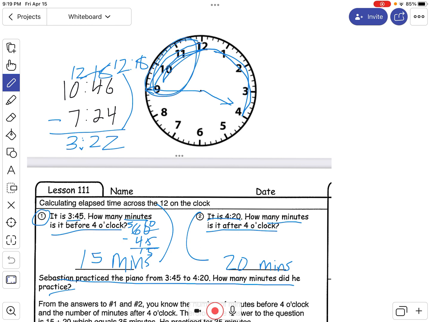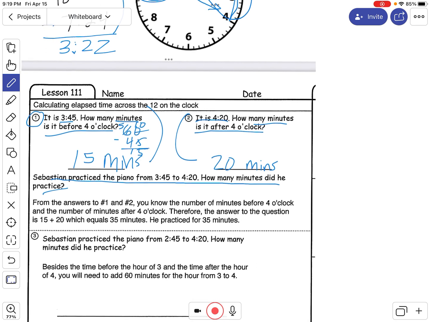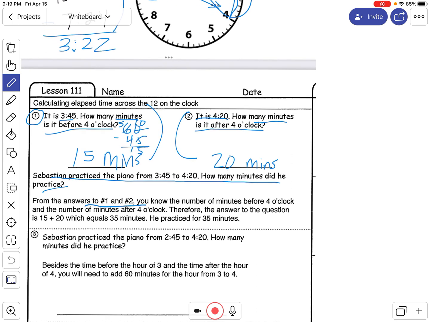We have to figure out how many minutes it is until the next hour, and then add the number of minutes past the 4 o'clock hour. So from the answers from 1 and 2, you know both the number of minutes before 4 o'clock and the number of minutes after 4 o'clock. Therefore, the answer to the question is 15 plus 20, which is 35 minutes. He practiced for 35 minutes.